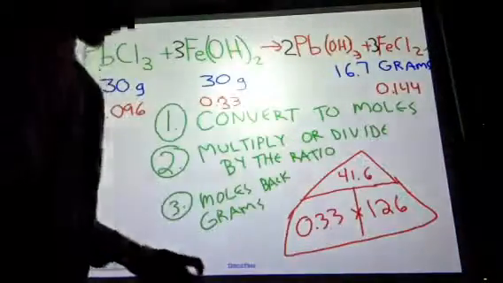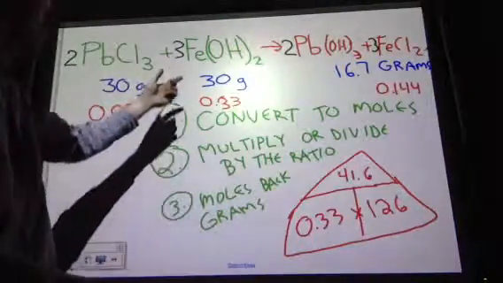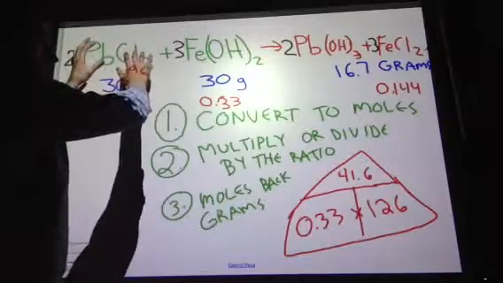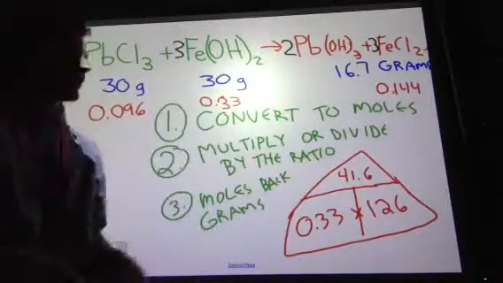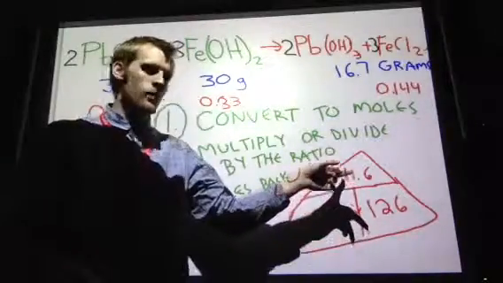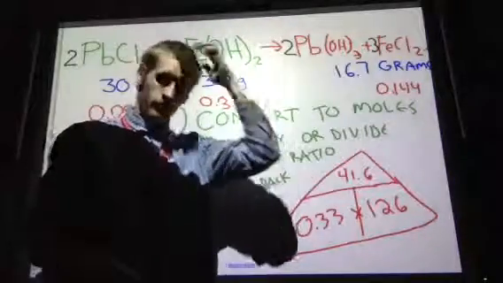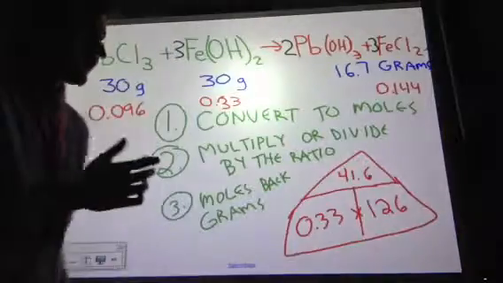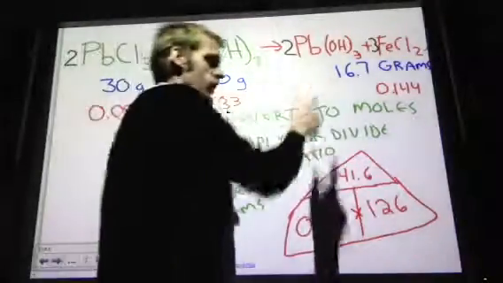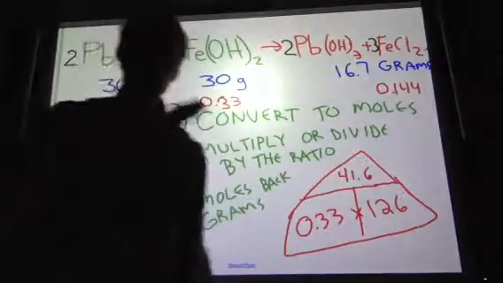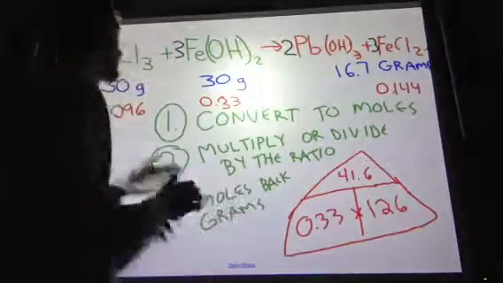Okay? So, I start with, let's imagine we had a bunch of this, and we mix it with 30 grams of this. It's saying it's going to give me 41.6 grams of this. Okay? This is saying I'm only going to get 16.7 grams. So this is where the eggs and the cake tie in.